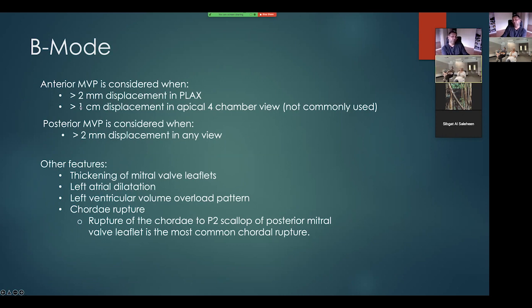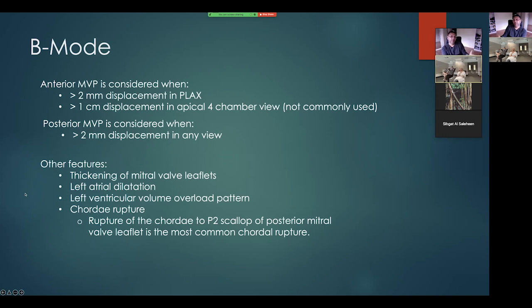It should be more than 1 centimeter at least for the anterior mitral valve prolapse, and normally it's not an accepted definition. So that's why I always try to do it in parasternal long axis if you can, or TOE. But for posterior, it's only more than 2 millimeter in long axis or any other views. But the most preferred view is parasternal long axis.